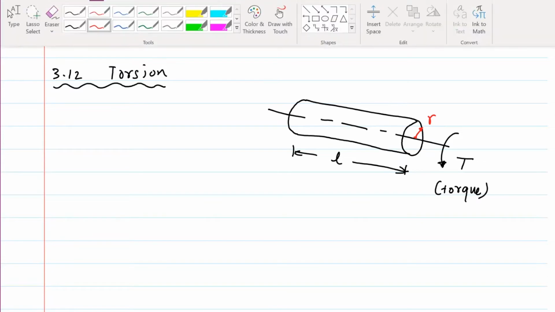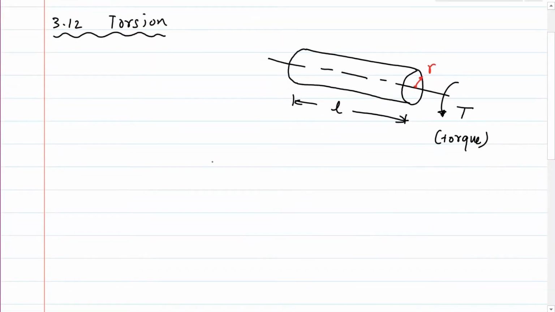So in our analysis of this, there's a little bit of a trick here. Let's say that's the face, and say this is the center. Okay, so theta is the angle by which this shaft twists.